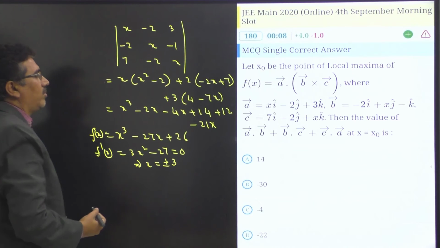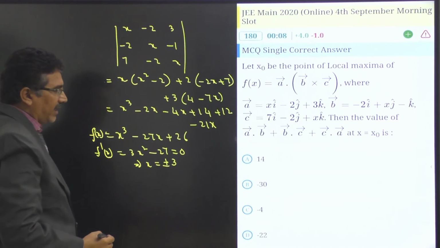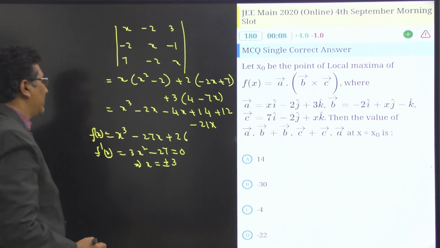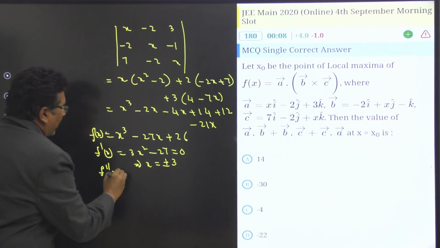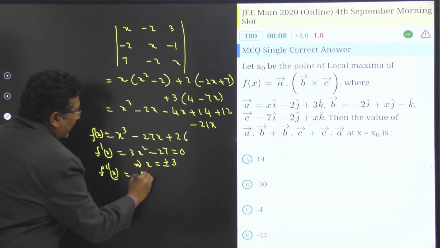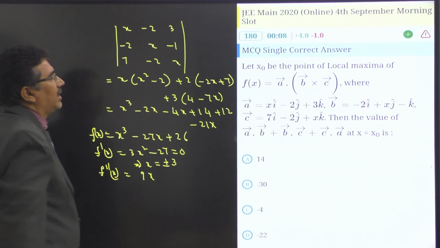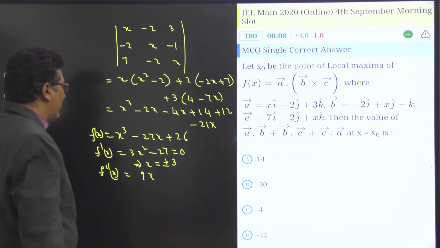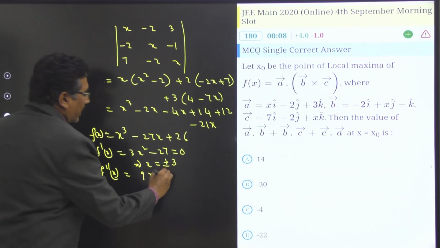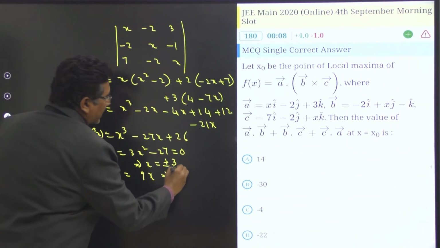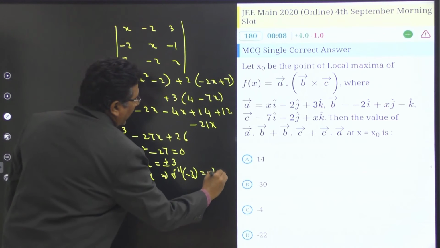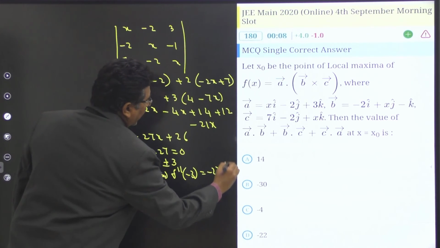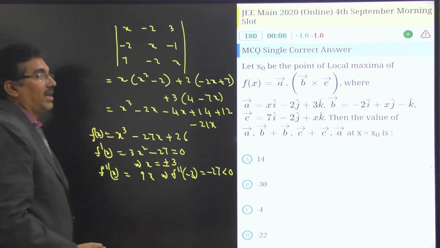Now f double dash of x is equal to 9x, that implies f double dash of minus 3 is equal to minus 27, that is less than 0.